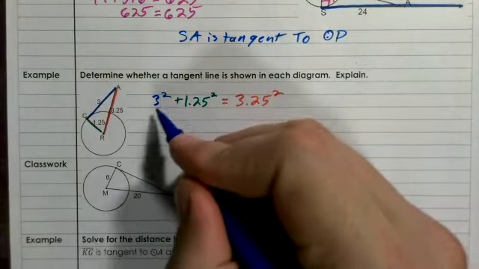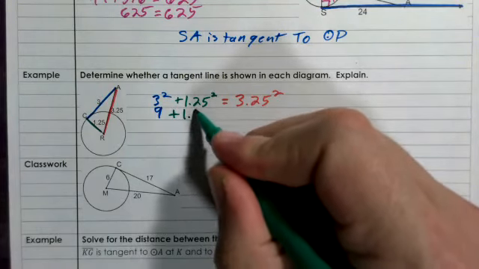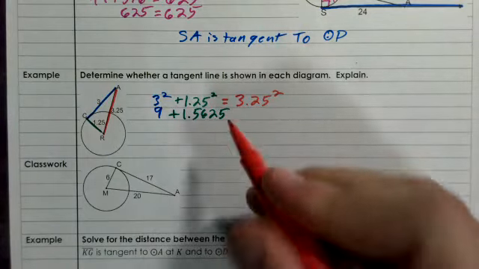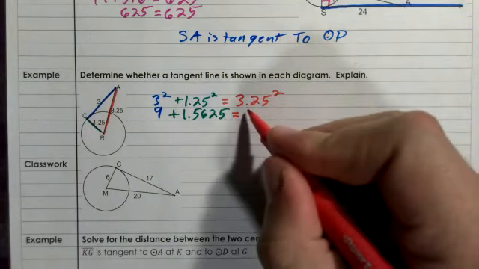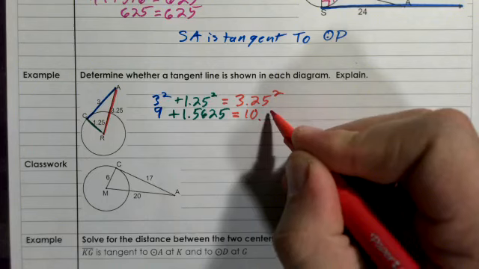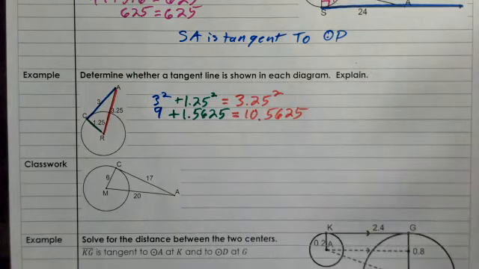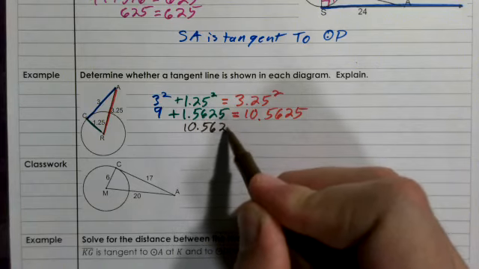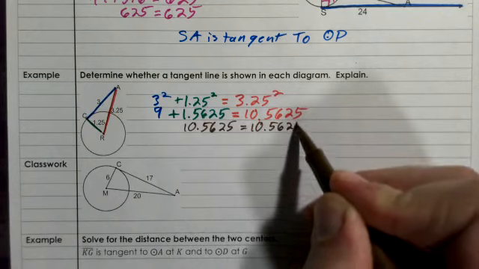Well, 3 squared, that's 9. 1.25 squared is 1.5625. And then 3.25 squared, typing that into my calculator, I get 10.5625. If I add those two together, this is going to be 10.5625. That's going to be equal to another 10.5625.